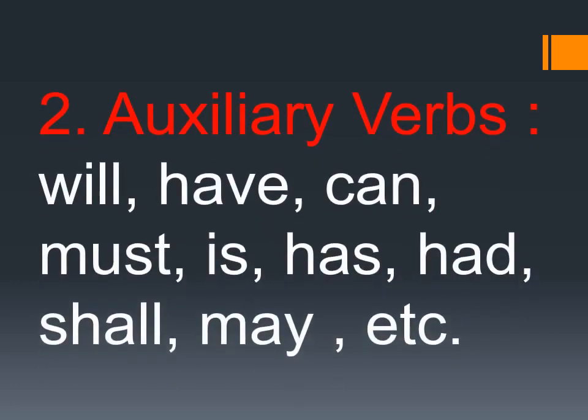Next is auxiliary verbs. Auxiliary verbs are helping verbs, as I explained in our previous class. For example, will, have, can, must, is, has, had, shall, may, etc. Now, ordinary verbs have two types.